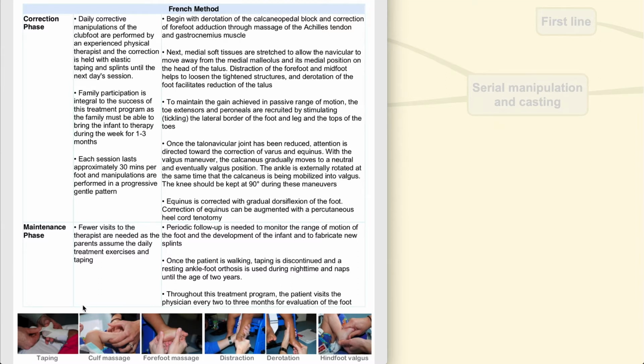Usually the therapist will perform taping to maintain the correction, and gradual correction is done through direct distraction, derotation, and correction of the hindfoot valgus. This method is quite difficult because you need to be trained well before you can do the correction well. The correction is usually maintained with tapes, as opposed to casts, which are usually used in the Ponseti method.